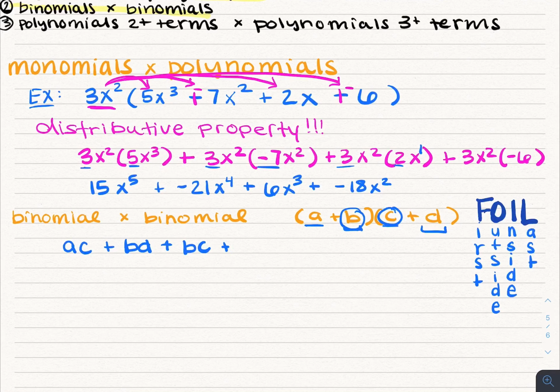What's our last term? I know I said outside, but I meant last term. So what is our last term? We've already done outside. If we look at our first polynomial, what's our last term? Oh crap, I did that wrong.